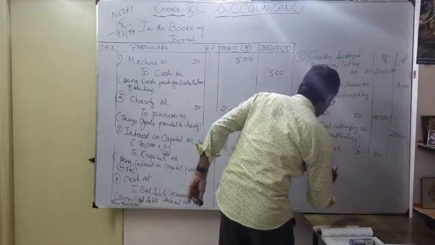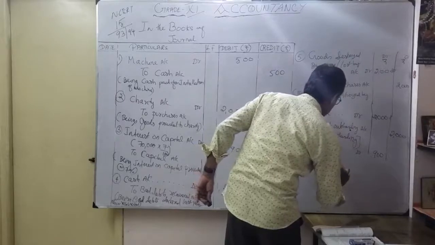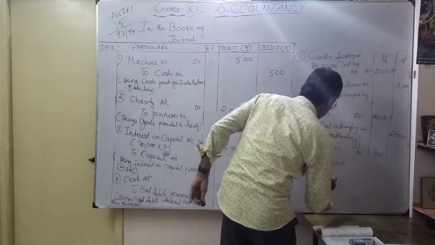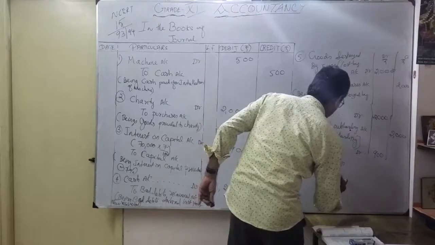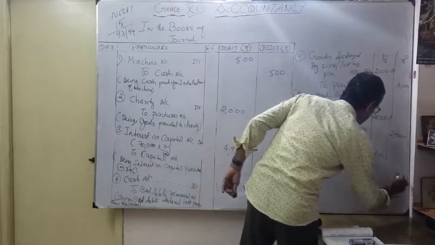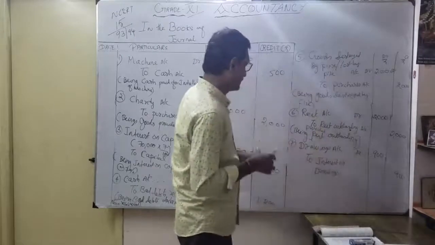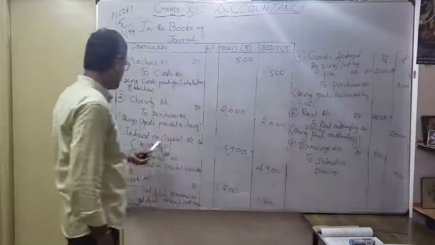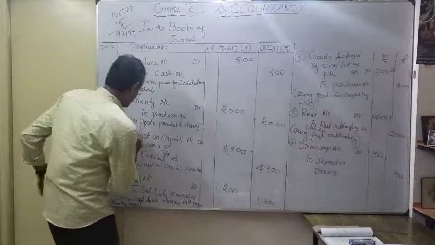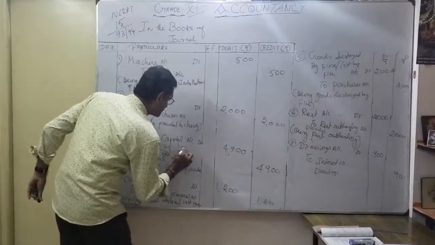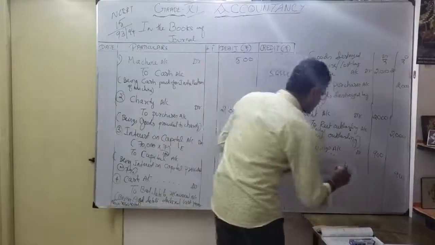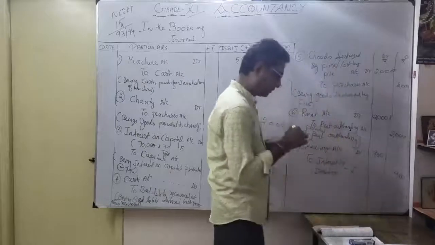Here I am crediting interest on drawings. See carefully: interest on drawings, I have credited. Here interest on capital I debited. From the company's point of view, that is an expense. Here, from our company's point of view, it is income. That's why I credited it.